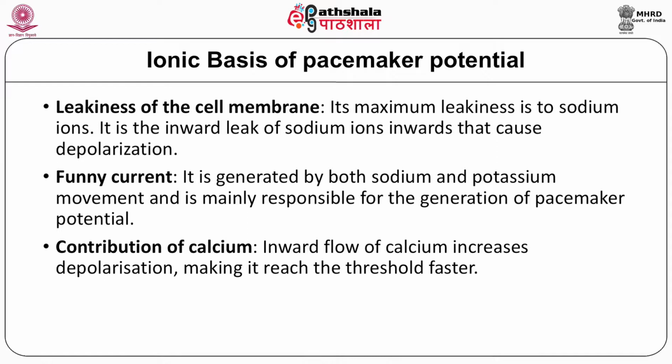The cell membrane of the nodal tissue is relatively leaky, or permeable, to ions at all times. Its maximum leakiness is to sodium ions. It is the inward leak of sodium ions that causes depolarization.